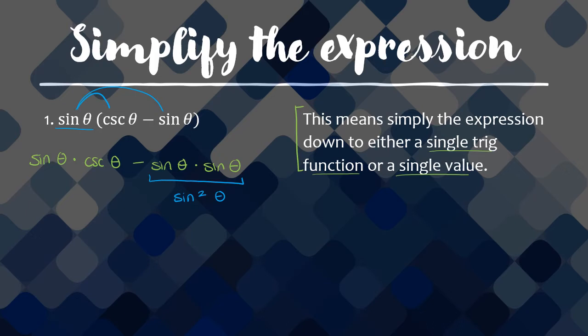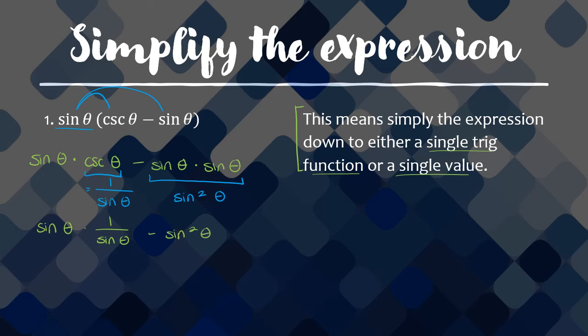Well, remember that cosecant is one of our reciprocal functions. We also have a reciprocal identity involving cosecant that tells us cosecant is equal to 1 over sine. So I could rewrite this expression then as sine times 1 over sine minus sine squared.